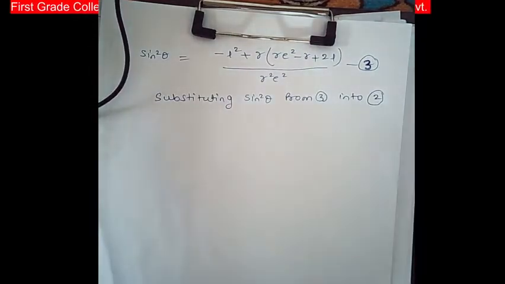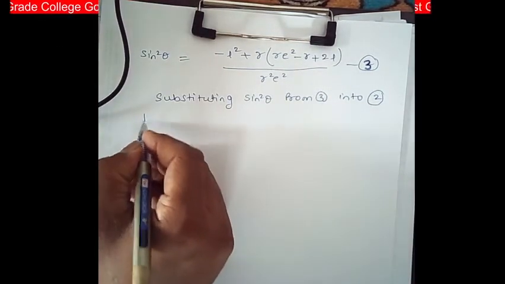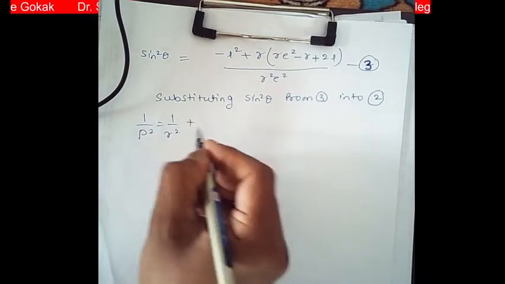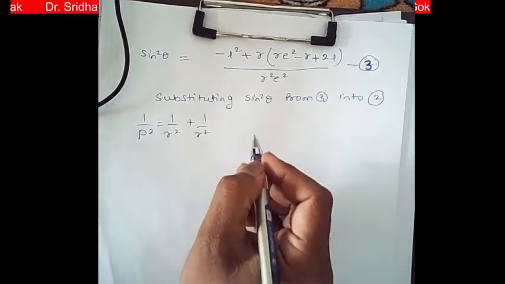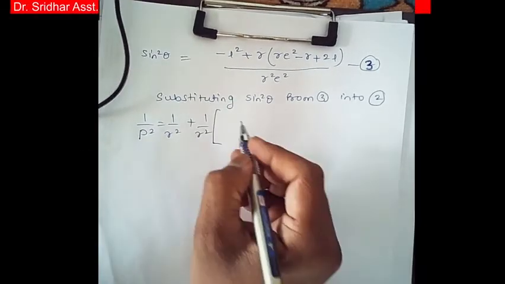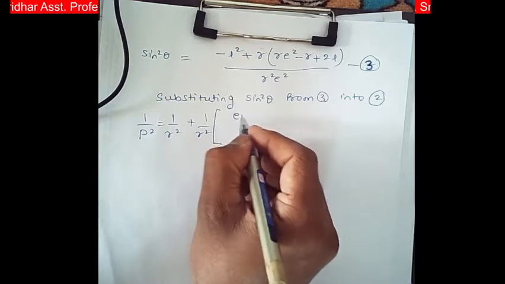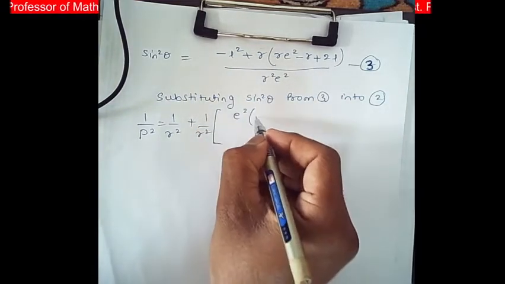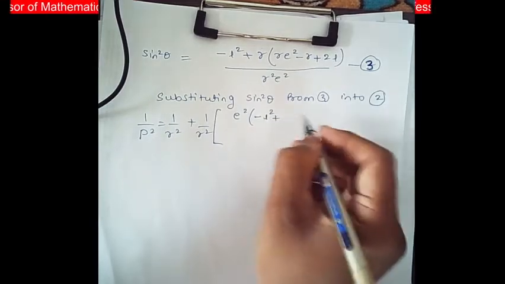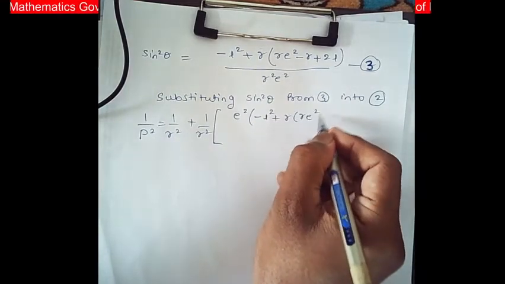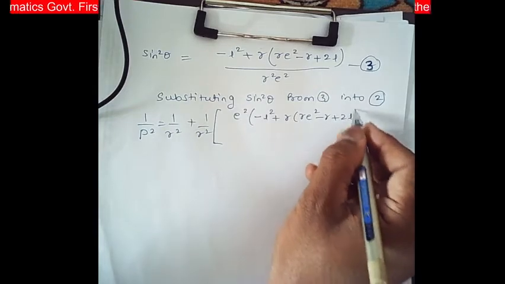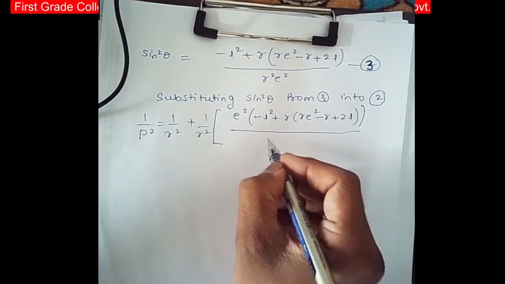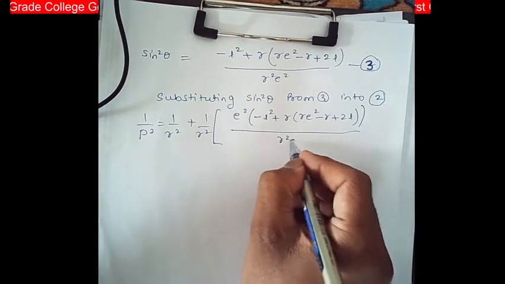then we get 1 by p square is equal to 1 by r square plus 1 by r square as it is, into bracket e square into this sin square theta. Okay, e square into sin square theta is minus L square plus r into e square minus r plus 2l, close the bracket, whole divided by r square e square.